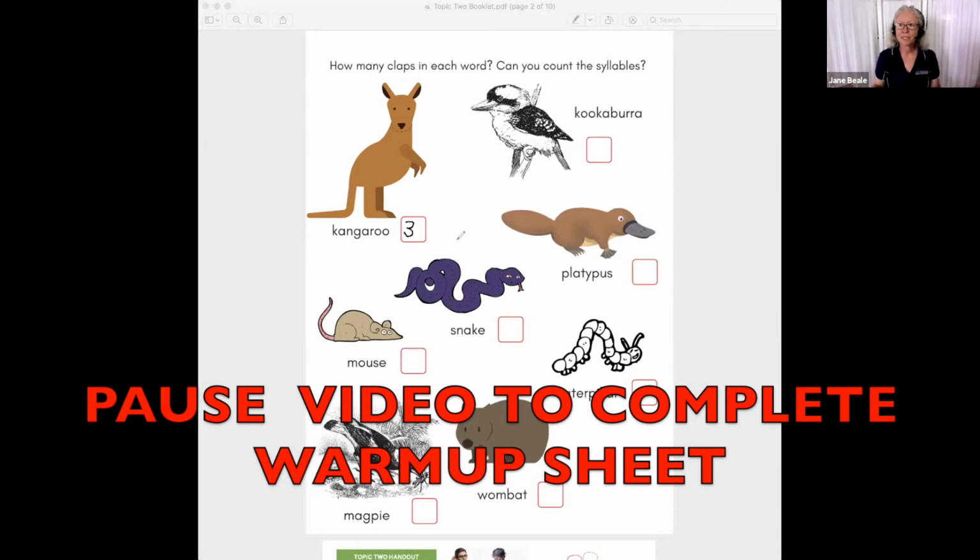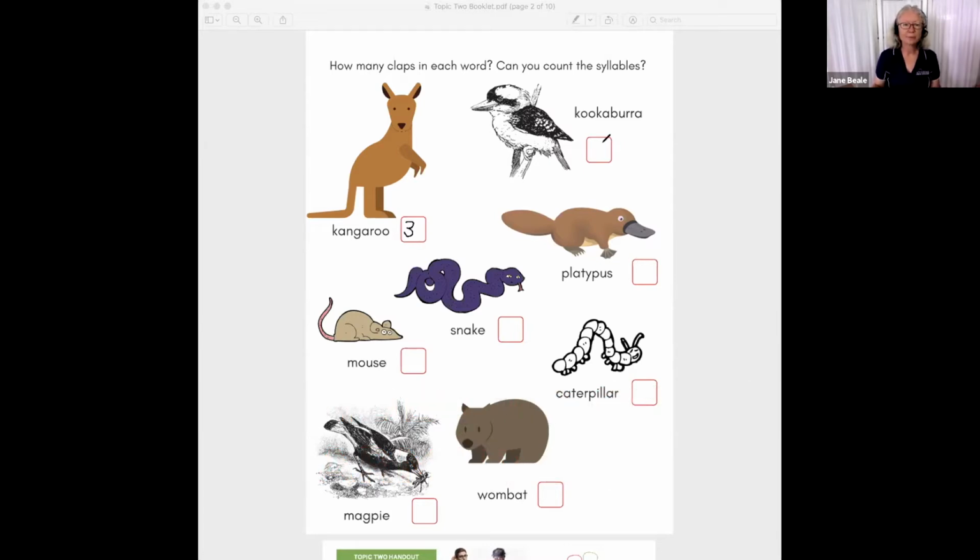Okay, so I'm going to now put the numbers in. Can you see, Kookaburra, I've put 4. Platypus. So as well as clapping, we can tap. Platypus. 3. Snake. 1. Mouse. 1.